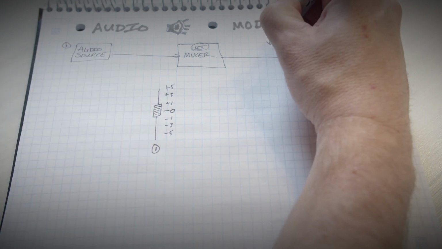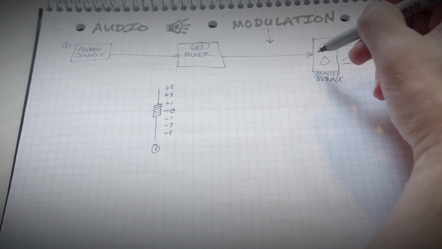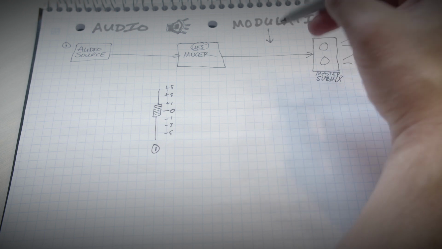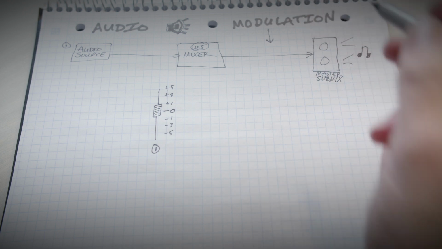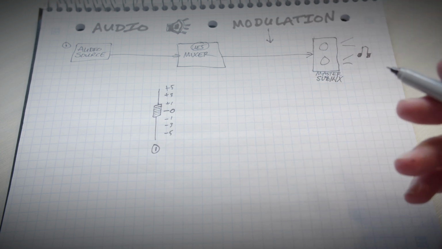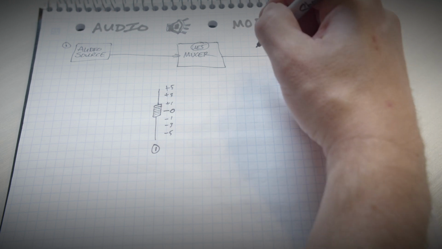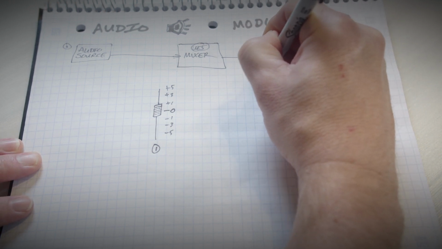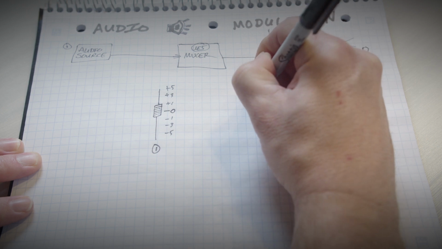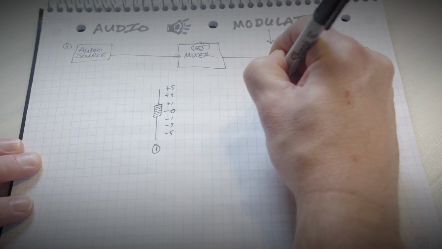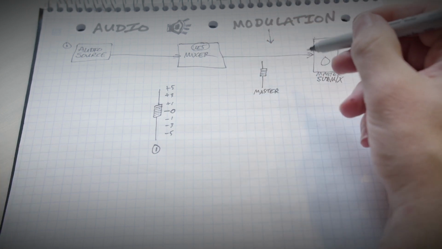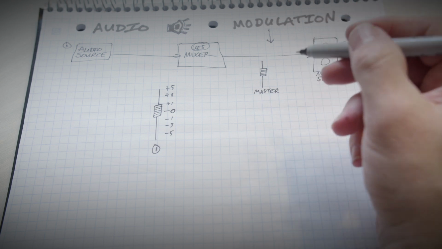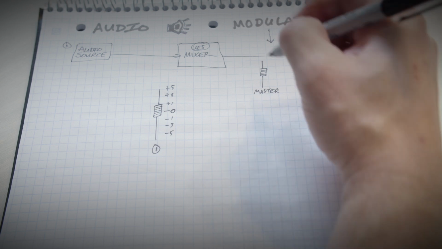One of the questions that's always asked is, how can I control the master volume of everything? So what I want to first do is show you how to use a control bus mix to add what I would call a master volume fader. So let's just call this the master. And this is already there. What we need to do is find a way to control it with a control bus.